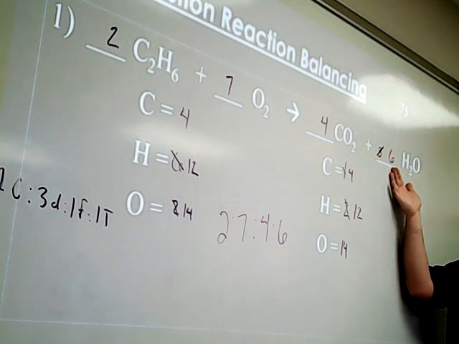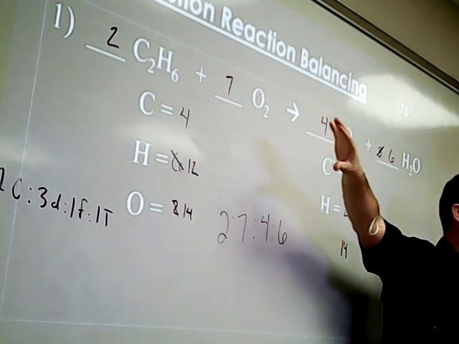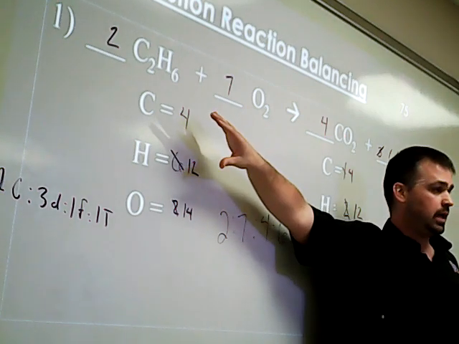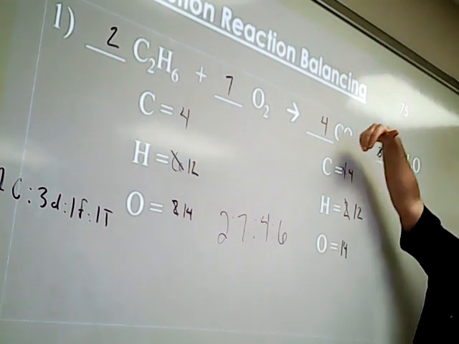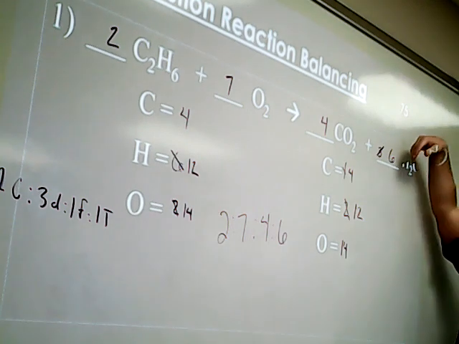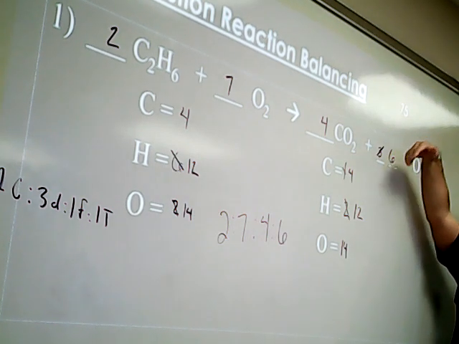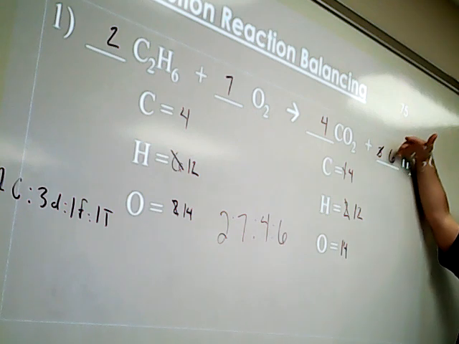I'm selling this chemical, and to sell it, I need to be able to express the products you're going to get out of it and be able to deal with and dispose of them the right way if you need to.